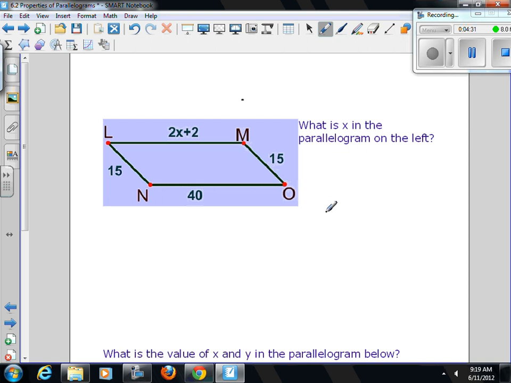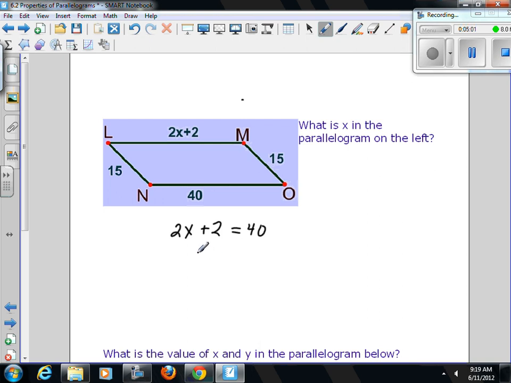Let's say we're given this parallelogram, and we're asked, what is x in the parallelogram on the left? Well, let's think about that. In a parallelogram, we know that opposite sides are congruent. So the side that contains the x, which is LM, would have to be congruent to side NO. So in other words, 2x plus 2 would have to be equal to 40.